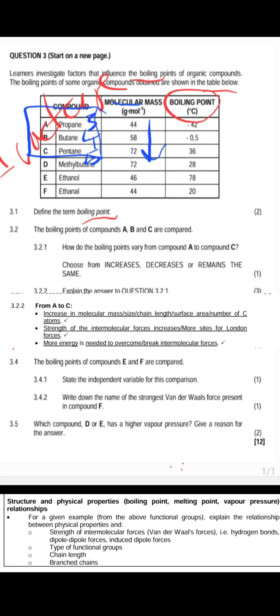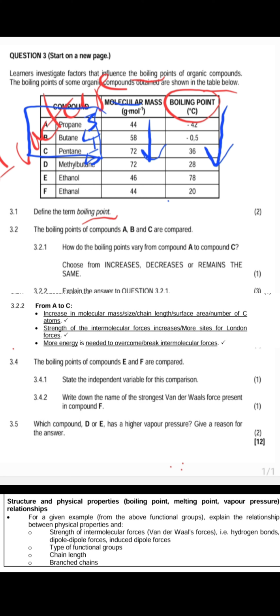Now, remember as we go down, we are increasing the chain length from propane to butane to pentane. We see that we are also increasing the molecular mass, but we are also increasing what? We are increasing the boiling point. So we can see an increase also in the boiling point.